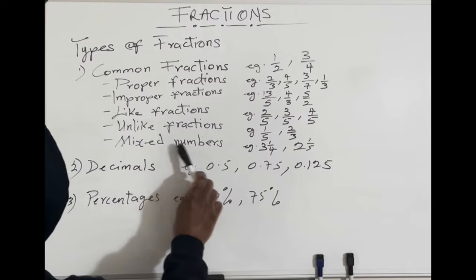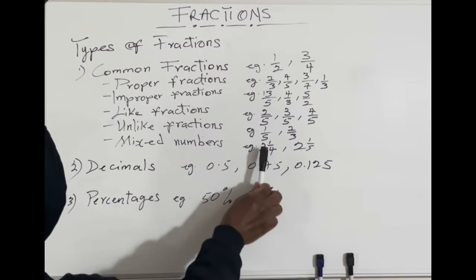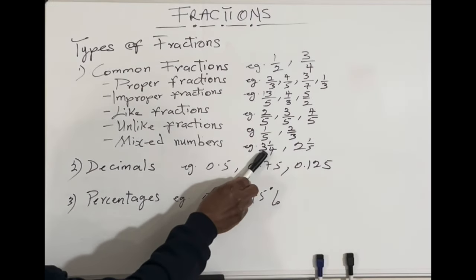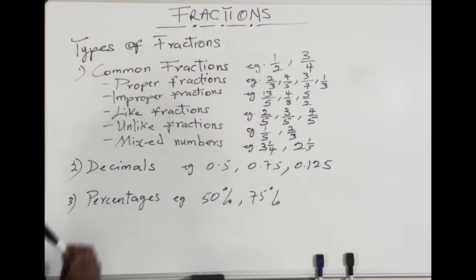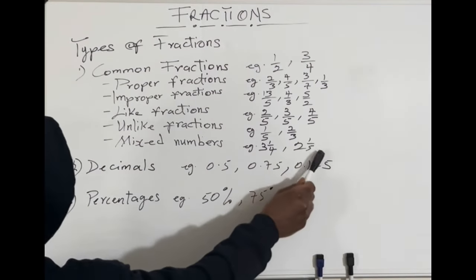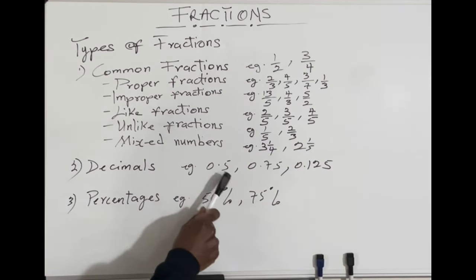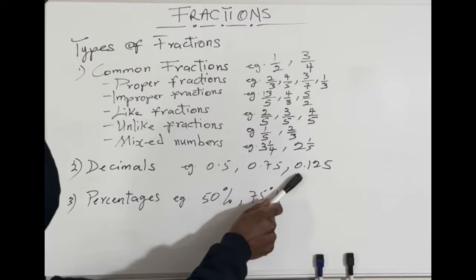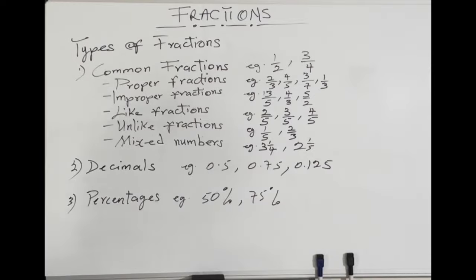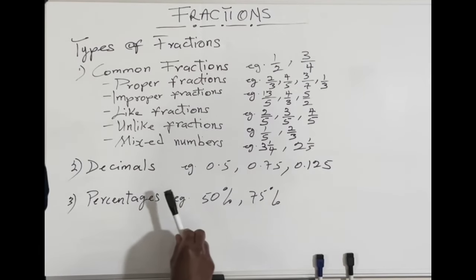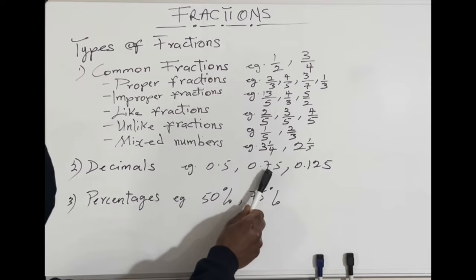And then we have mixed numbers. The whole number, which is 3, and then a fraction, 1 over 4. 2 whole number, 1 over 5. They are mixed numbers. And then we have decimals, 0.5, 0.75, 0.125. Whenever you say point, mention the numbers one after the other.